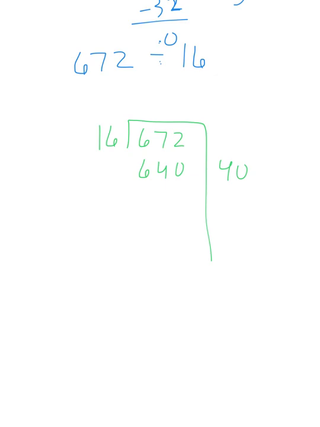So if I've got 40, I'd have 640 Skittles I'd be giving out. Still have 32 left, none left over. So again, each one of my friends got 42 Skittles. So again, just another way for you to consider it as you're looking at partial quotients.